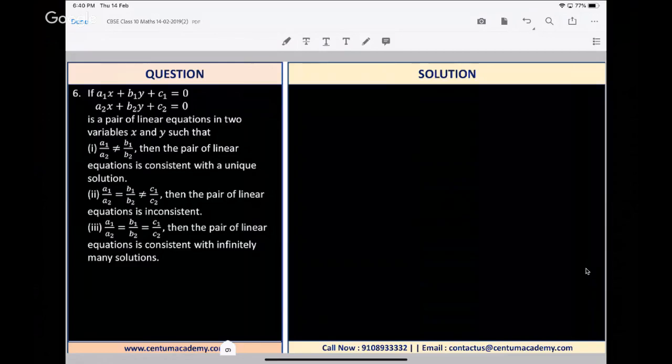Again, we are coming back to the consistency part of it. If you see, there are two equations, a1x plus b1y plus c1 equals 0, and a2x plus b2y plus c2 equals 0, our standard form.